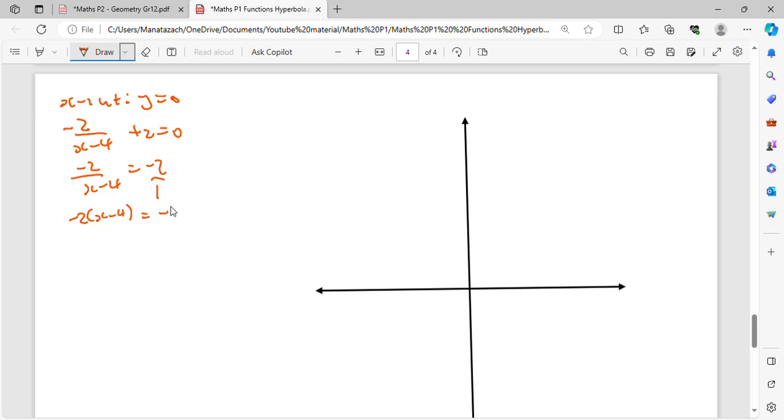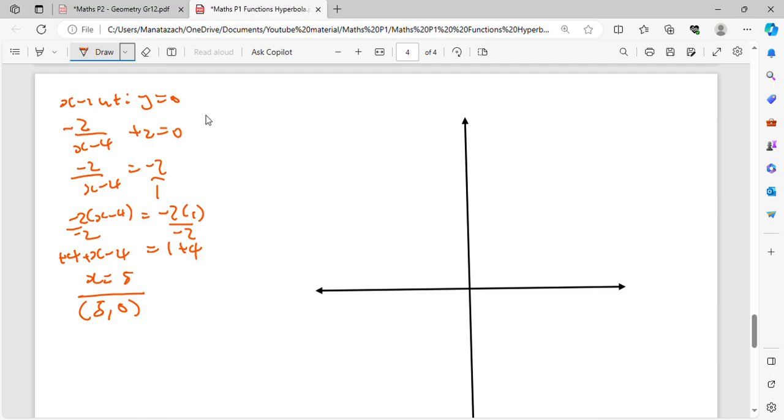When you do so, then you divide both sides by minus 2. Then from here on, you can add 4 this side, positive 4 on the other side. X is 5. In this case, x-intercept is 5 and 0.